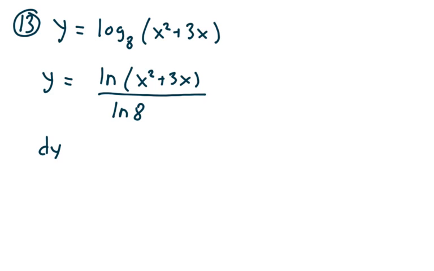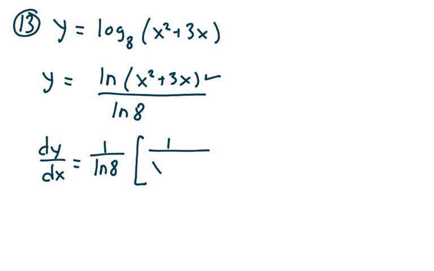So if I want dy dx, I'm going to pull the 1 over natural log of 8 out, and I'm going to multiply this by the following. We take the derivative of the numerator, and we get 1 over x squared plus 3x times the derivative of this inside function, the derivative of x squared plus 3x with respect to x.